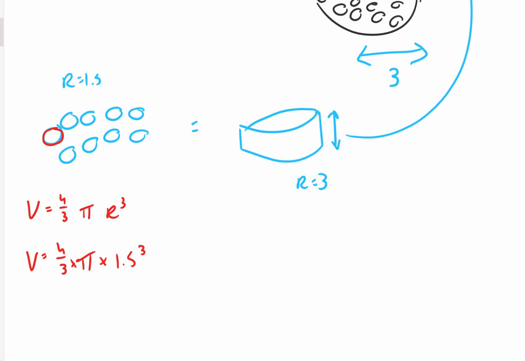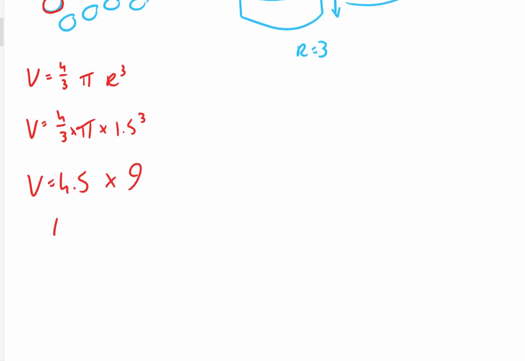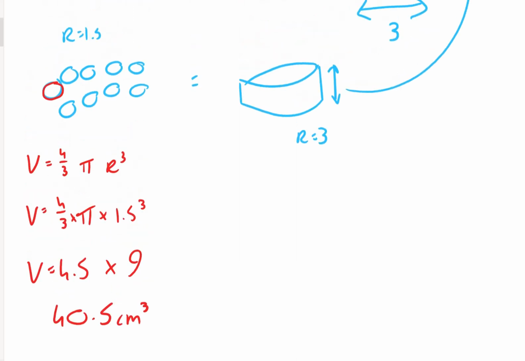And this will give us volume equals 4.5. Multiply that by 9. The volume of all of this is 40.5 centimeters cubed. And that will equal this cylinder.